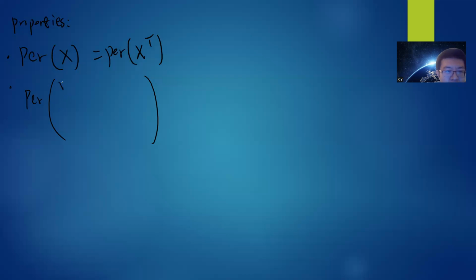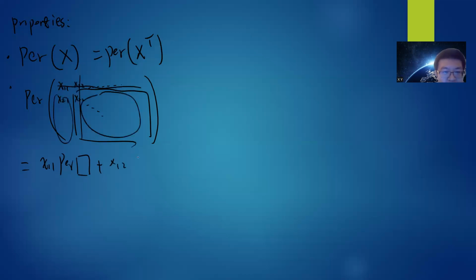If you have x11, x12, and x21, x22, then this permanent can be written as x11 times the permanent of the remaining submatrix, plus x12 where you cross out its row and column and use the remaining submatrix, and so on for x13. So basically it has the expansion property of the determinant, but with everything a plus sign.